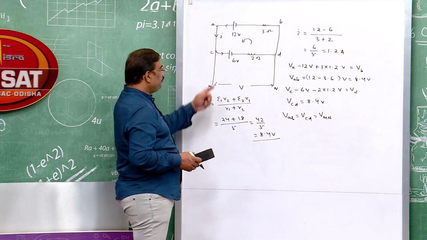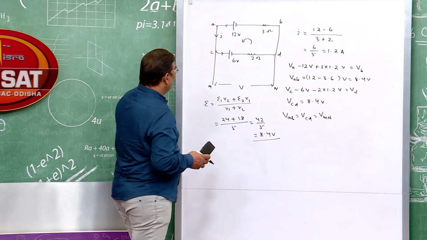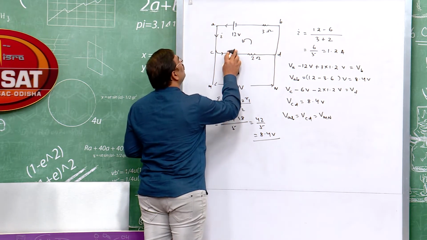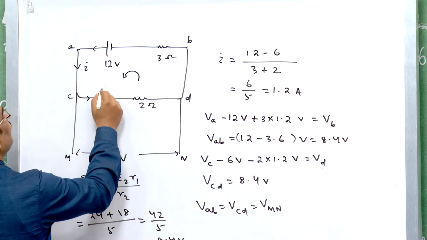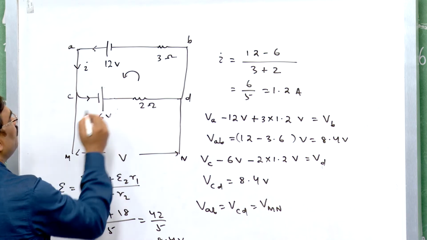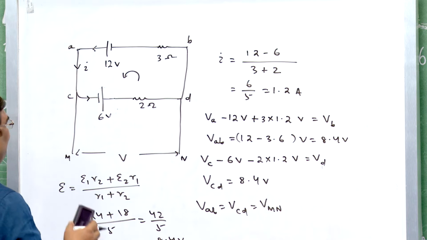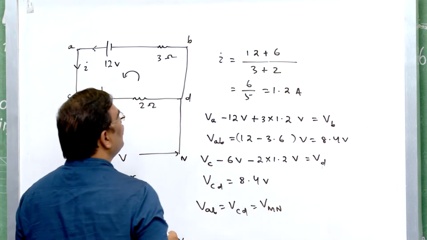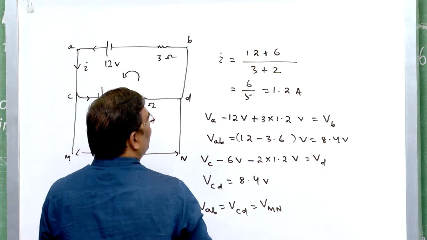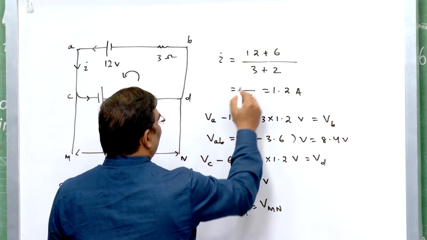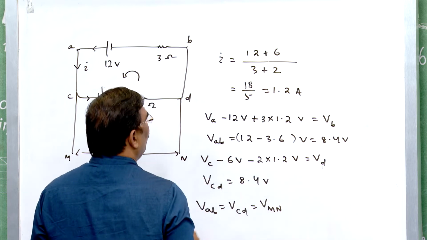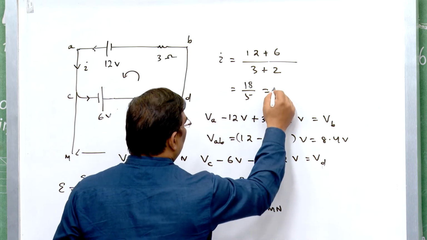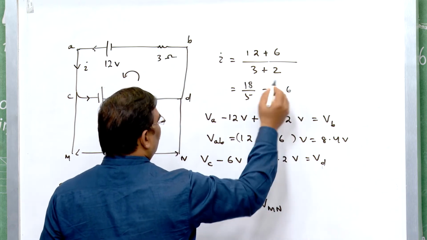So, let us see, if this 6 volt is reversely connected, then what will happen? If this is reversely connected, this is 12 plus 6, and this will be 18 divided by 5, and this is 3.6 ampere.